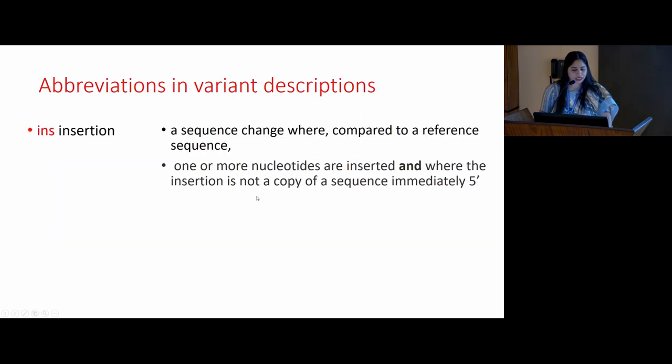What is insertion? Compared to the reference sequence, if we have an insertion of other nucleotides, with at least a separation of a single nucleotide in between the copy, it should not be an immediately adjacent copy of the same nucleotide.